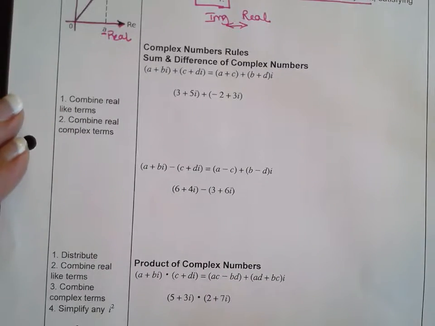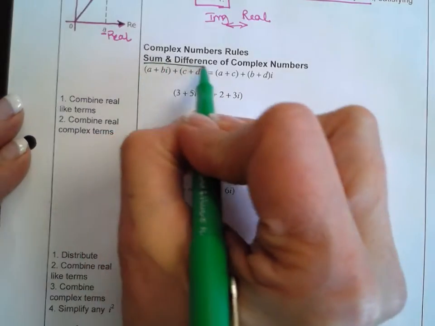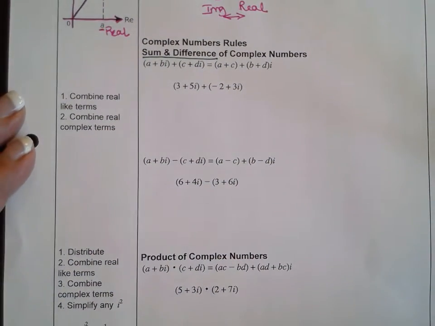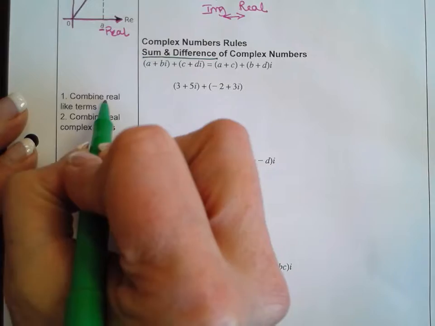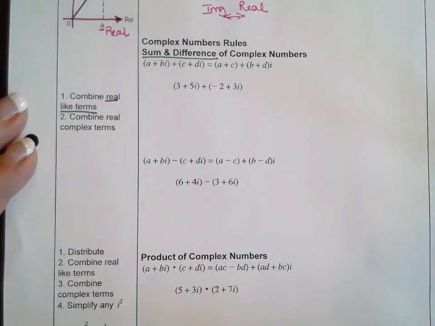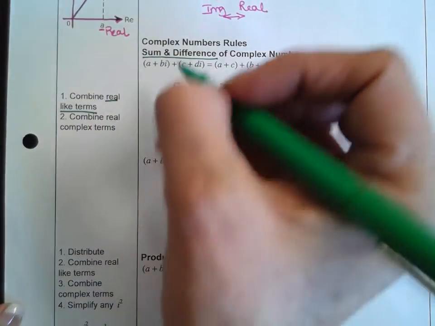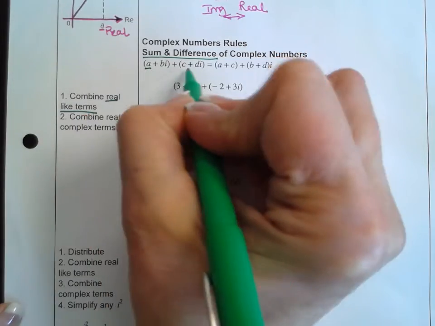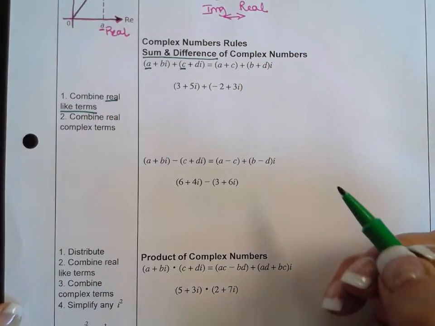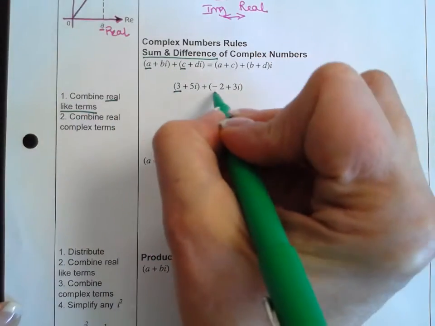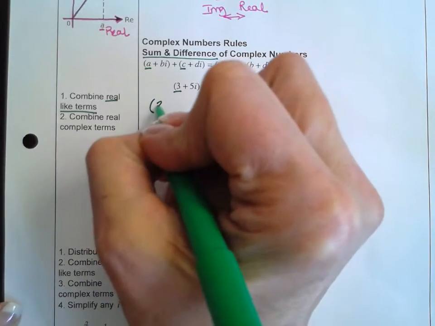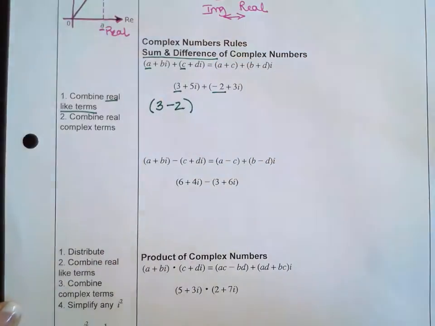Okay, the only thing we're doing today are the rules for sum and difference and multiplying, basically practicing your FOIL. So, sum and difference is your addition and subtraction, right? So all you do is combine your real like terms. The first number is my real numbers. So I have 3 and -2. So I have 3 minus 2.